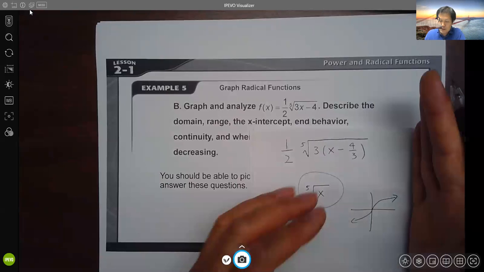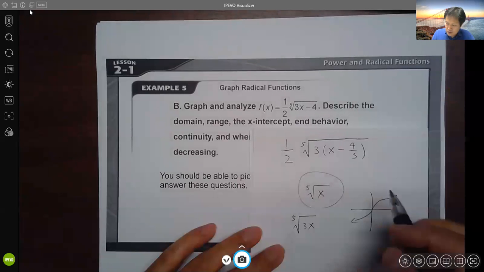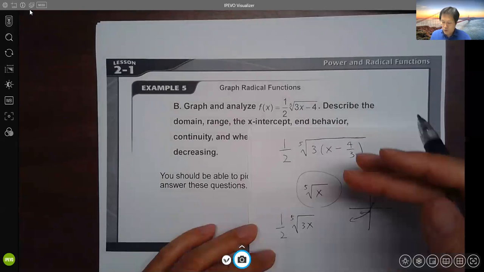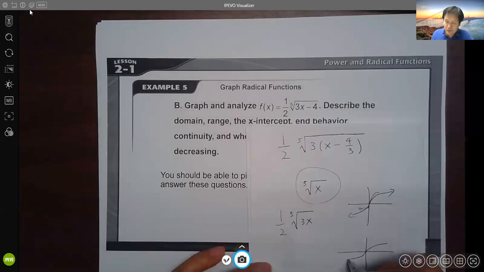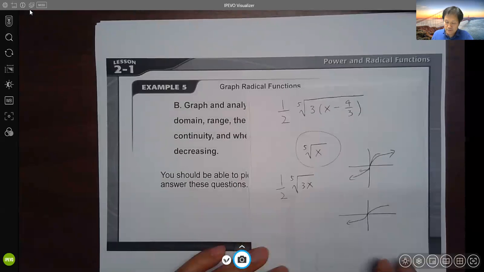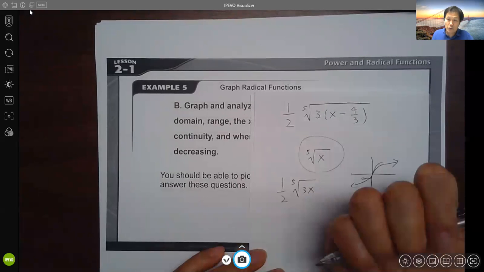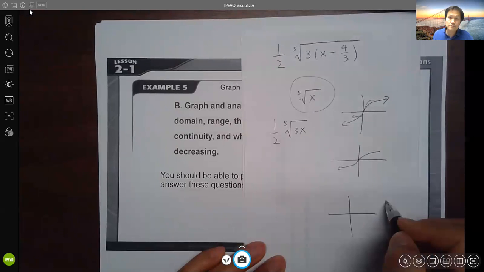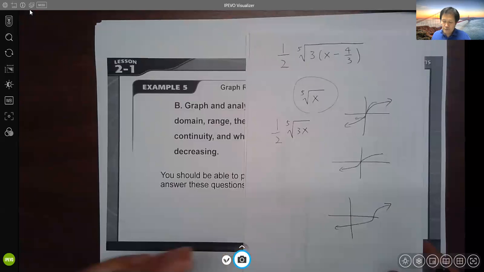So you're going to squeeze this horizontally. Okay? So it will be something like that. Then 1/2 outside, it will be a vertical shrink by 1/2. So it will be squeezed a little bit, something like that, but it's still like this. Now this part is going to be moving right by 4/3. So your overall shape will be something like this. Okay? So that's a rough sketch of it.